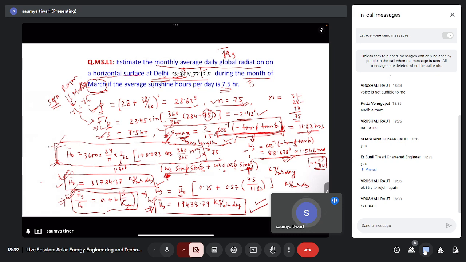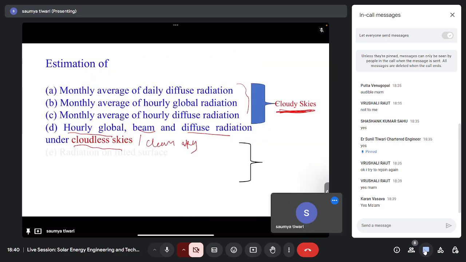This question basically gives an understanding of how to identify the parameters given in the question, what we are going to use, and which formulas are required that you need to remember. Now we have already seen the monthly average daily global radiation.